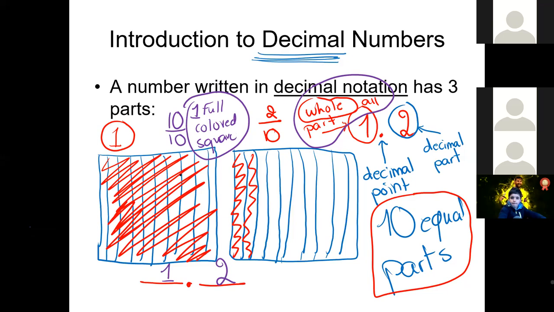Just one square is fully colored, so I will write 1. The whole part is 1. Point. I look now at how many parts we colored in the second one. We colored 2, so the decimal part is 2. In a decimal number, the whole part means how many squares are fully colored.